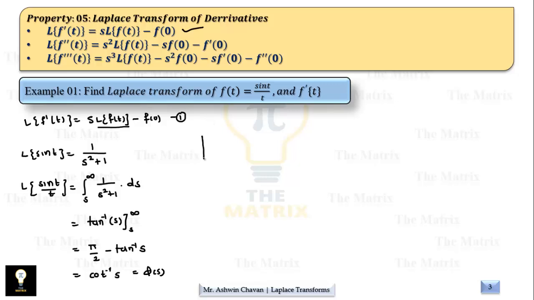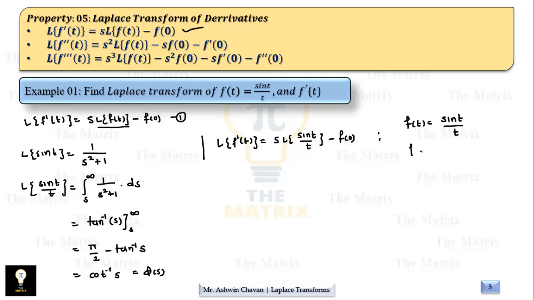Now for the second part, that is Laplace of f dash of t, we have equation number 1, that is s into Laplace of f of t, but f of t is here sin t upon t, whose Laplace is already done, minus f at 0. Here f of t is sin t upon t.